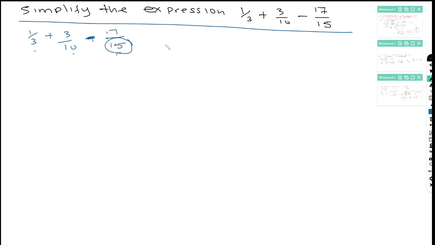Therefore, we can say 30 divided by 3 is 10. So we say 10 times 1 over 30, plus, let's say 30 is here.